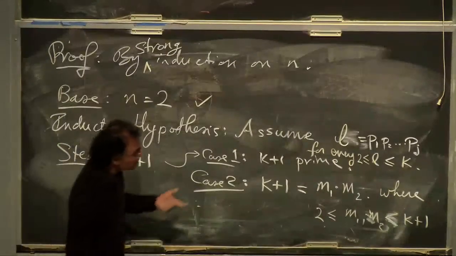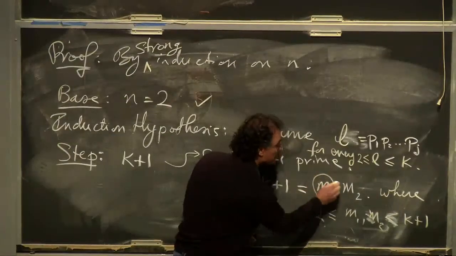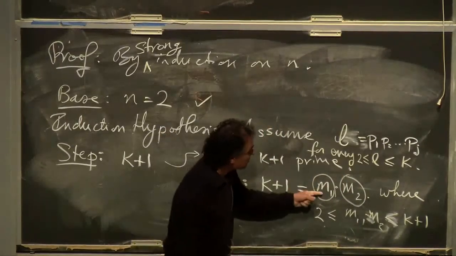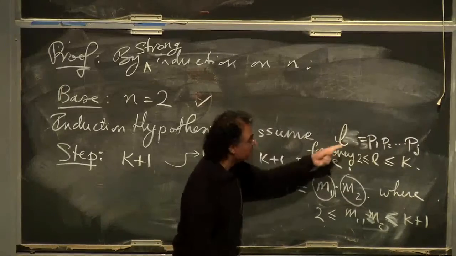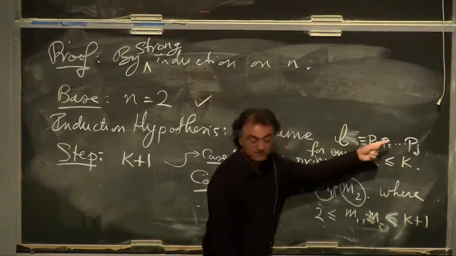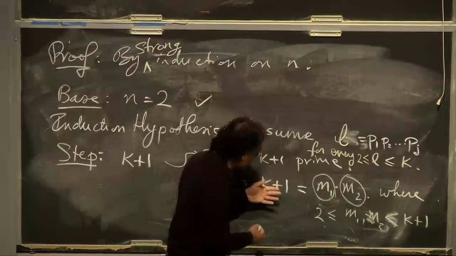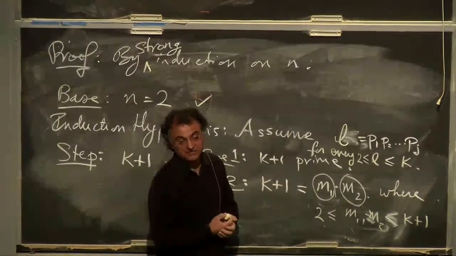So we can apply the induction hypothesis to m1 and m2 separately. Because we know from the induction hypothesis, m1 can be written as a product of primes, m2 can be written as a product of primes. So we just multiply it all together, and now k plus 1 can be written as a product of primes.